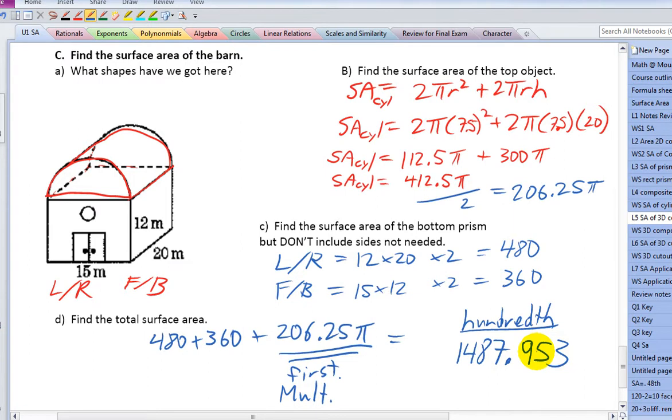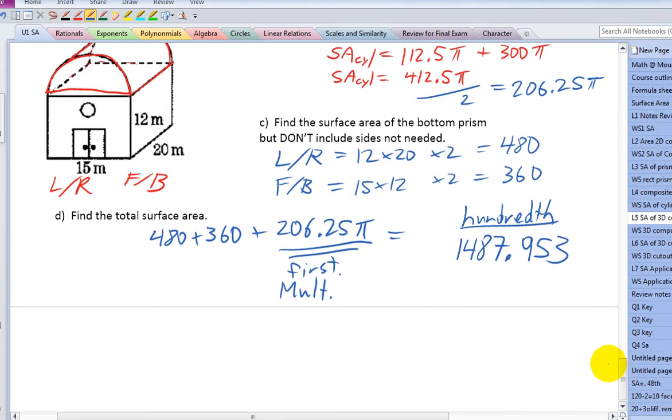Okay. So final answer after you've rounded. Any volunteers? Hands up. Okay, fine, no volunteers. Rounds to 5, okay? 1487.95. Hands up if you got that.